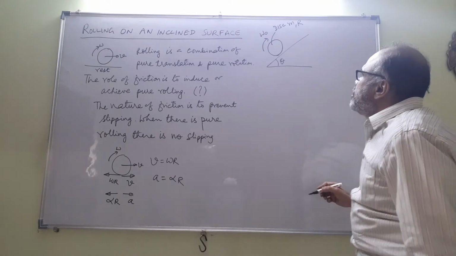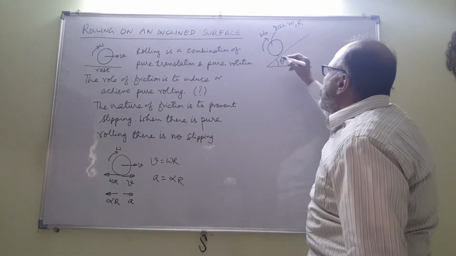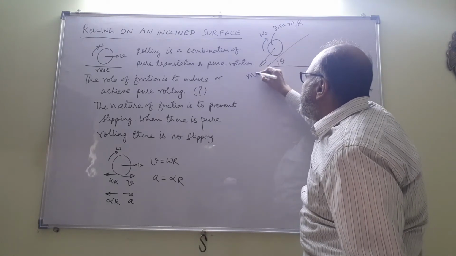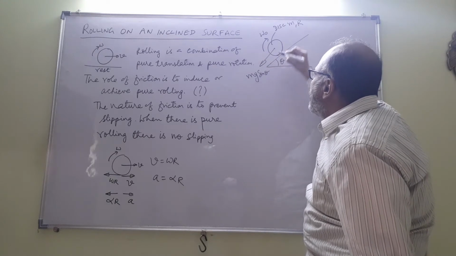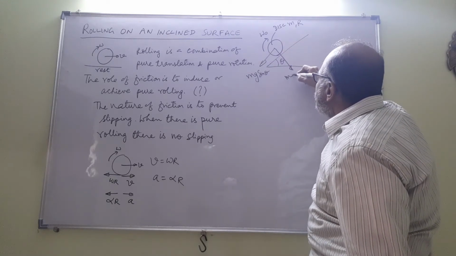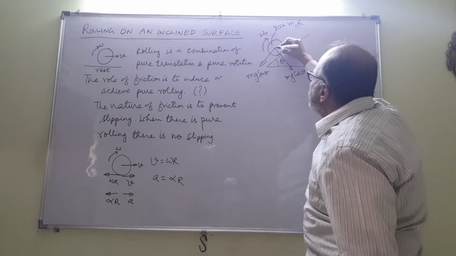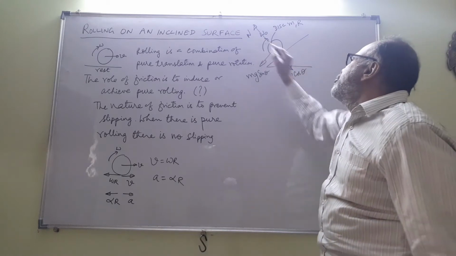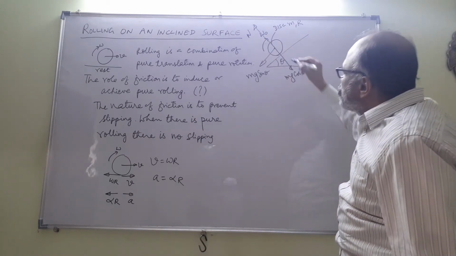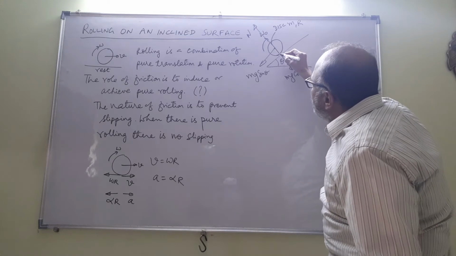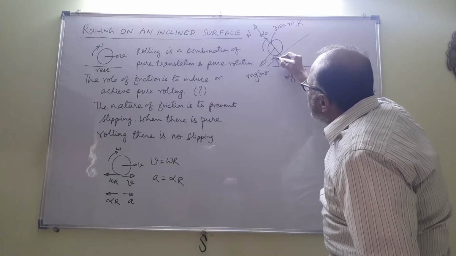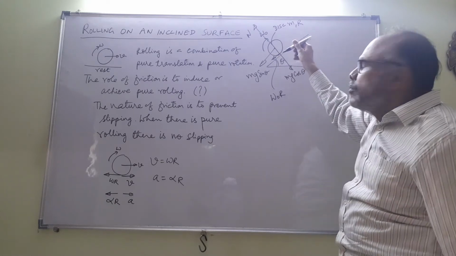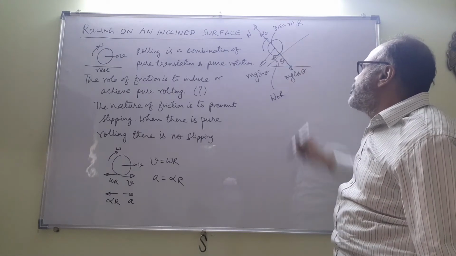So what are the forces? If we draw the free body diagram, mg can be resolved as mg sine theta acting at the center of mass. Mg cos theta would be like that. There would be a normal force N like that. N would be equal to mg cos theta. Now if you saw the point of contact, the point of contact has a tangential velocity omega naught r in the downward direction.